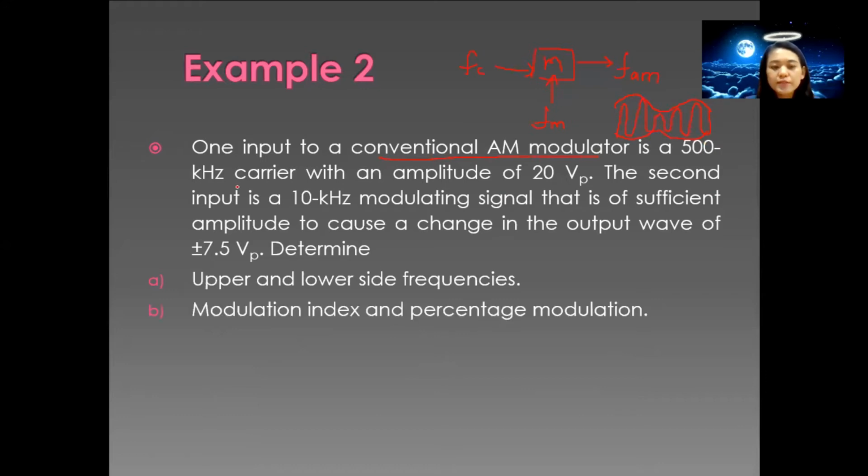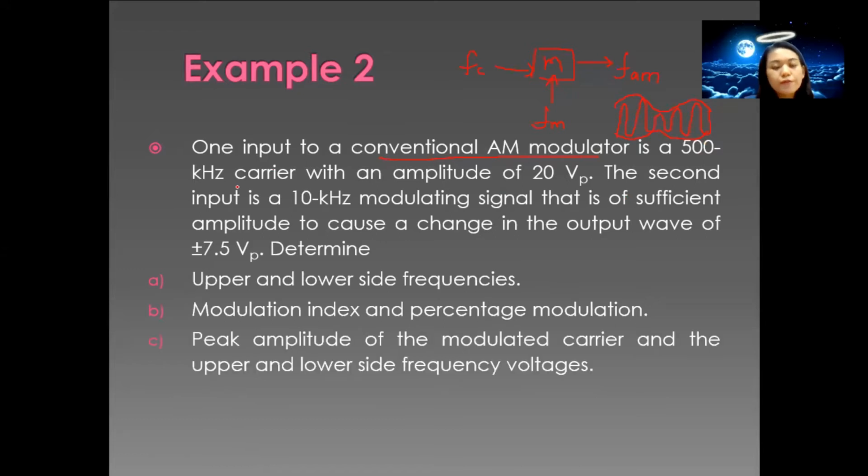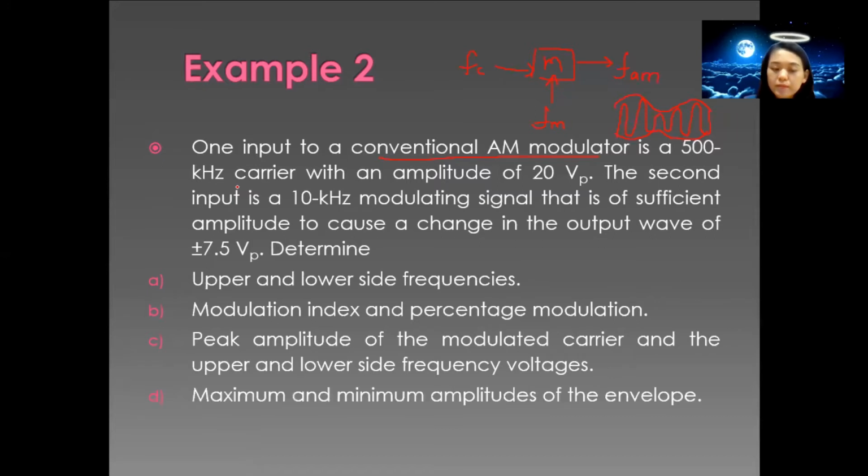B is the modulation index and the percentage of modulation. C, find the peak amplitude for the modulated carrier and the upper and lower sideband frequency voltage. D is the maximum and the minimum amplitudes for the envelope. And E, express the modulated wave.